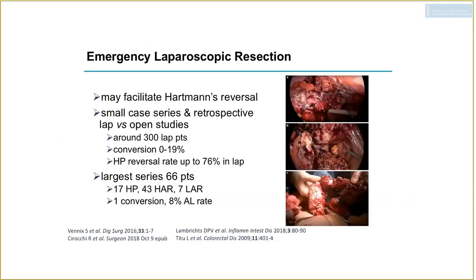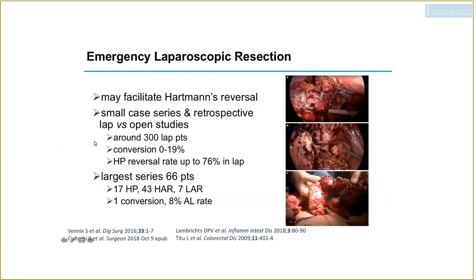We talked about laparoscopic lavage only. What about if you have the skills to do a laparoscopic resection? Well, yes, indeed, and this is becoming relatively mainstream now, certainly in the expert centres. And it may be that if we do a keyhole resection, then the Hartmann's reversal will be easier, because there'll be fewer adhesions in the longer term.